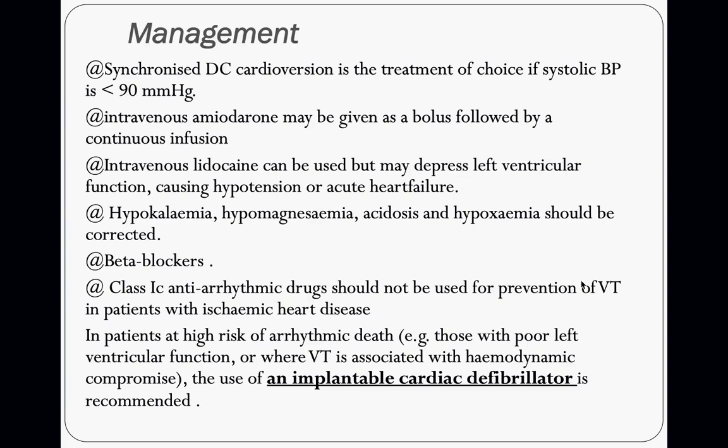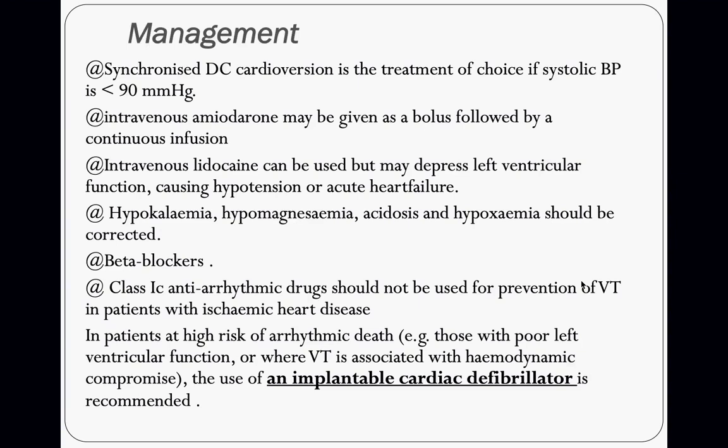If systolic blood pressure is more than 90, we can use intravenous amiodarone by giving a bolus followed by a continuous infusion. Intravenous lidocaine can be used but may depress LV function, causing hypotension or acute heart failure. In case of VT, almost always you should check the serum potassium, magnesium, acidosis, and hypoxemia, and these should be corrected. Finally, beta blockers are beneficial in the treatment of VT.